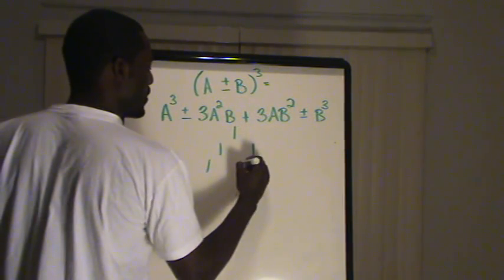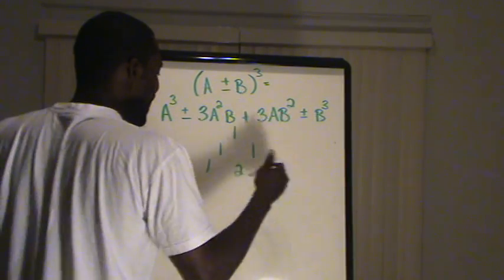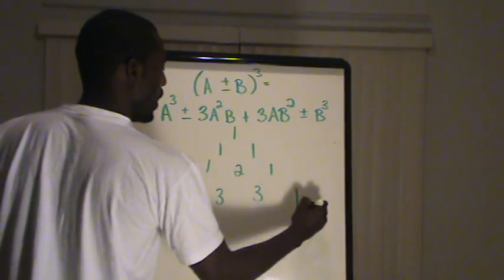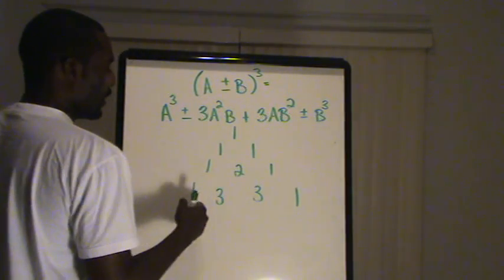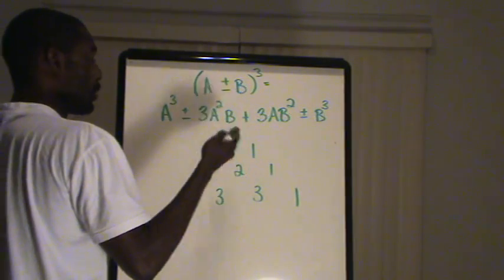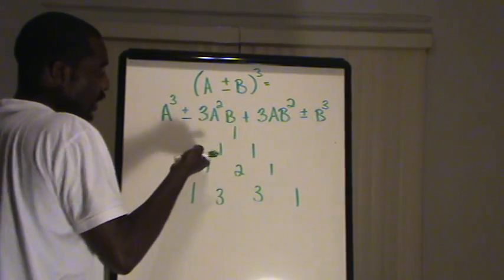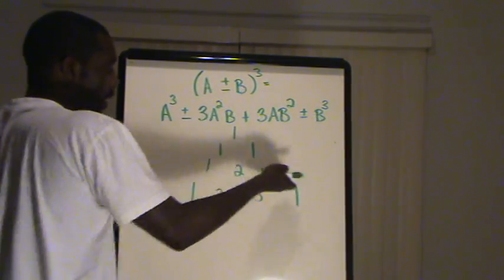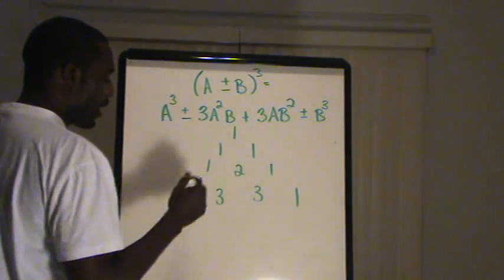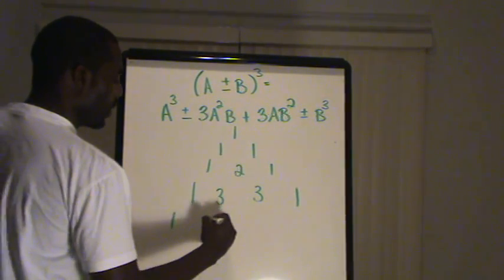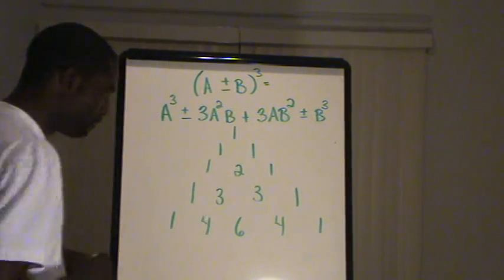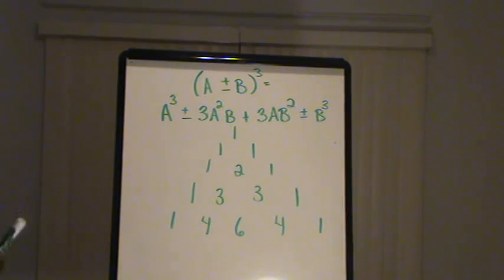So 1 plus 1 is 2, and 1 is always along the outskirts. 1 plus 2 is 3, 2 plus 1 is 3, and 1. These will be the coefficients for whatever binomial you're expanding, and this is the third level of Pascal's triangle. If we were raising it to the 4th power, our coefficients would be 1, 4, 6, 4, and 1. That's where we get these coefficients from.